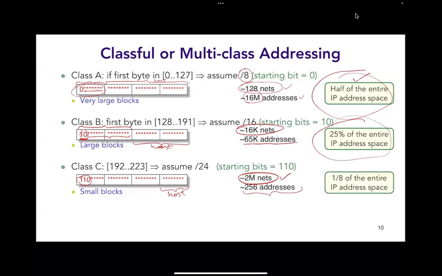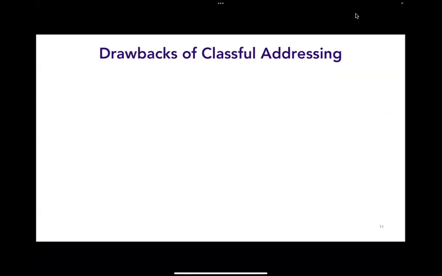So 1/8 of the entire IP address space is consumed by class C IP addresses. Where did the remaining 1/8 go? There are two other classes, class D and E, which are reserved for special purposes.